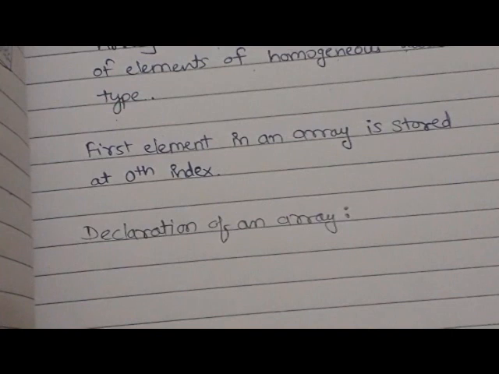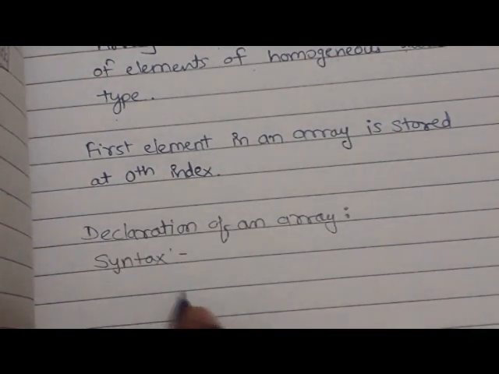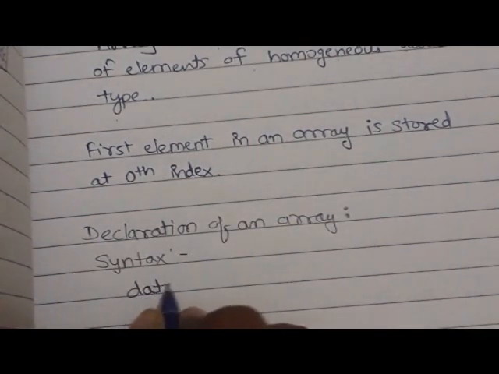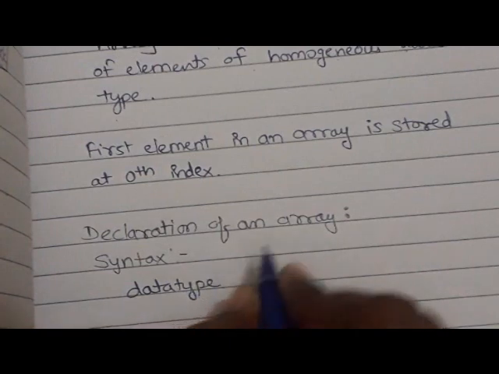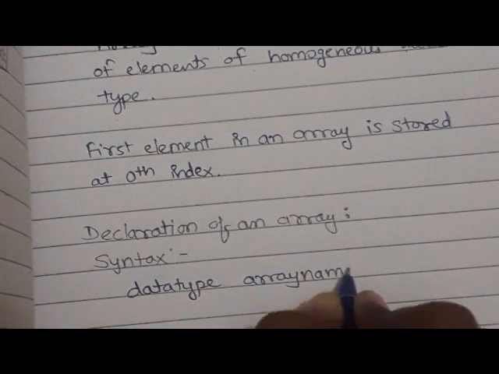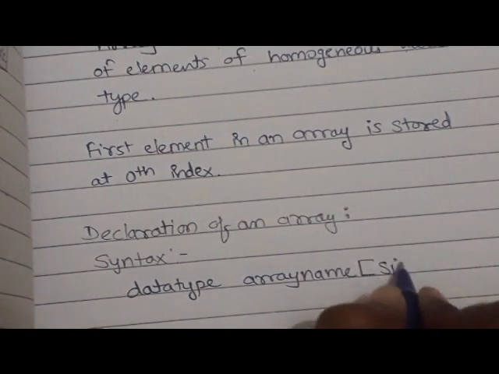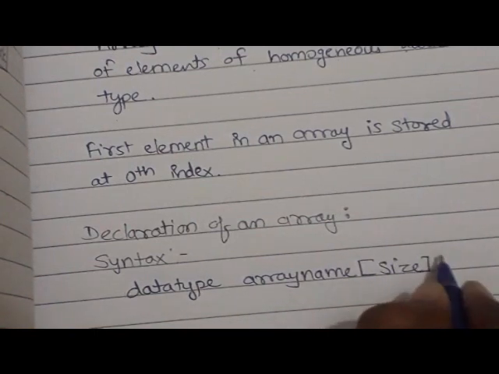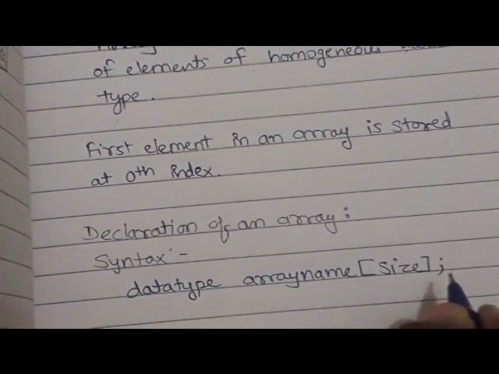When we declare an array, we mention the data type of the array, then we write the array name, and within square brackets we write the size, and at the last we write a semicolon.